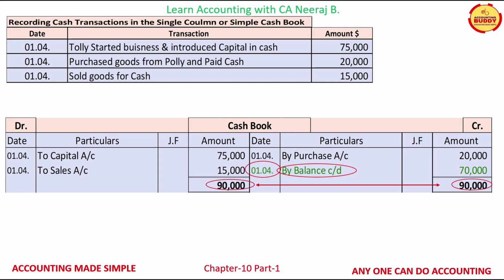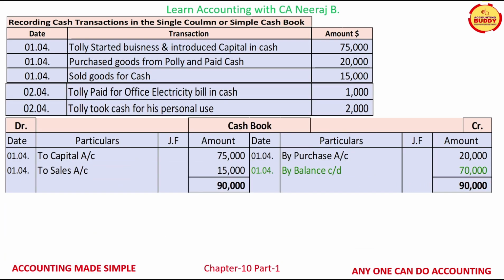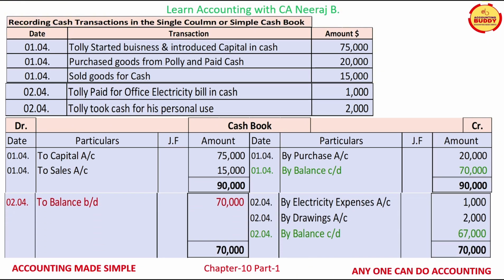Next set of business transactions dated 2nd April are appearing on your screens. These transactions in the cash book will look like as appearing on your screens. On 2nd April, the closing balance of $70,000 at the end of the day of 1st April will be written on the left hand debit side of the cash book by writing the words to balance brought down.